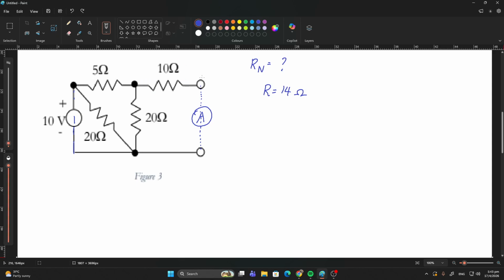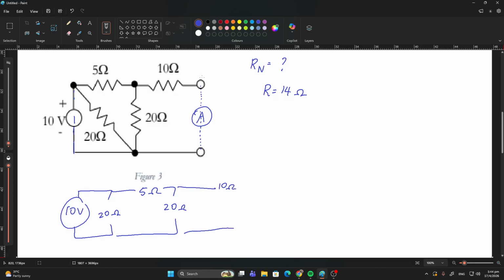So let me just go ahead and redraw. We have a 10 volt to a 20 to a 5 to a 20 and then to a 10. And there should be an ammeter over here. So essentially what I'm finding is the current going through the 10 ohms.